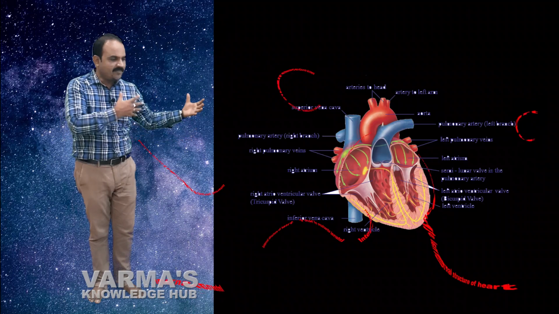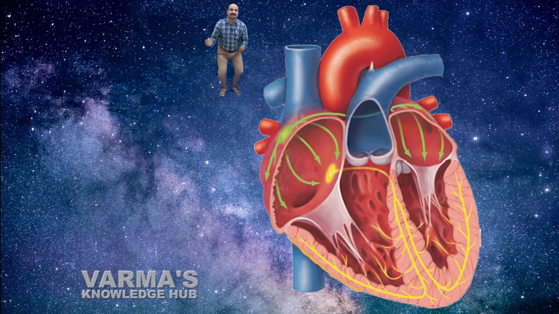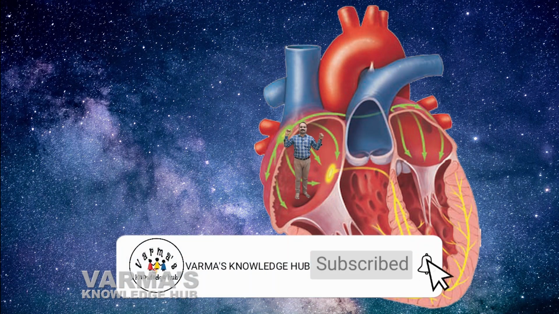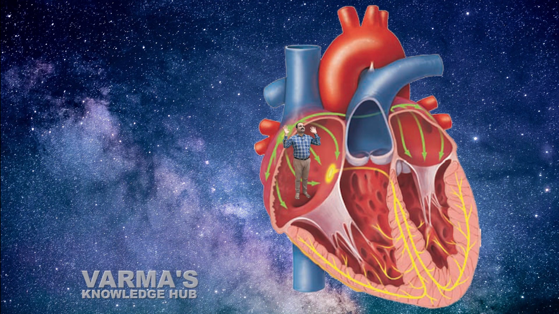Now, shall we see the internal structure of the heart? I am going to explain the internal structure of the heart now. Let us jump in. Now we are in the heart. If you observe this heart, you can see that the heart is divided into 4 chambers. The upper chambers are called auricles.